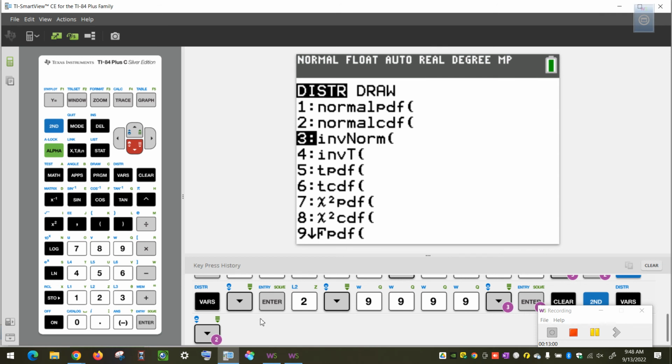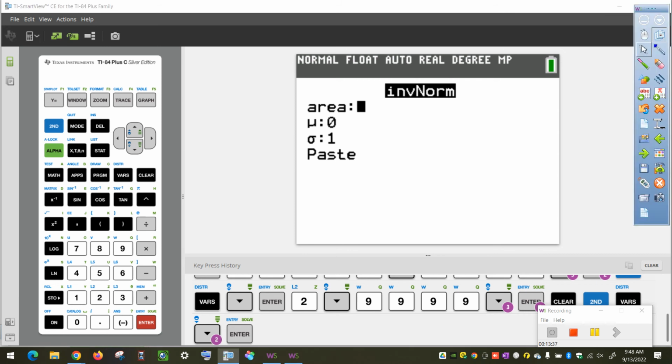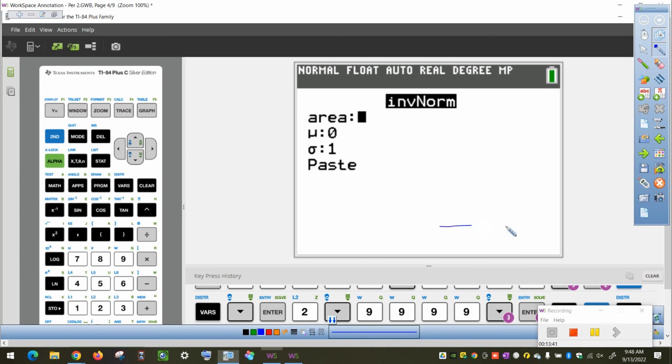Now this is going to be the same thing with the different calculators. So if you have a TI-83, hang with me for just a moment. If your screen looks like mine, the first question that it's asking for, when it says area, this is referring to the left side.